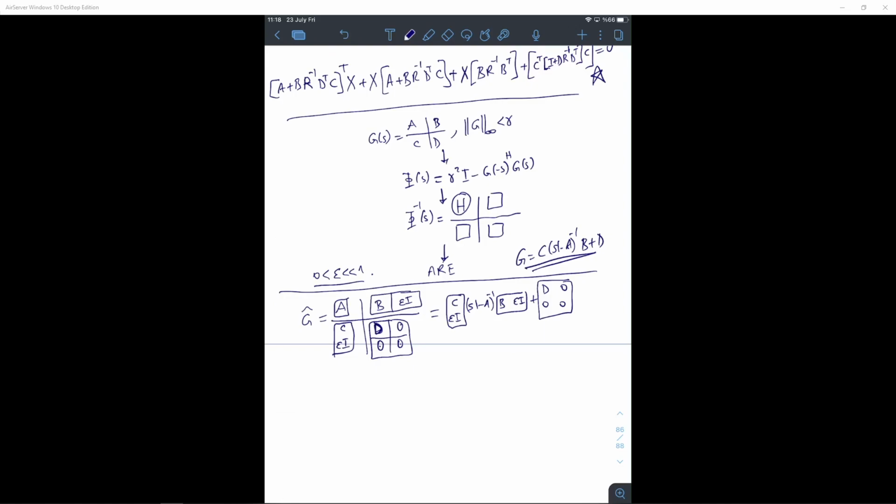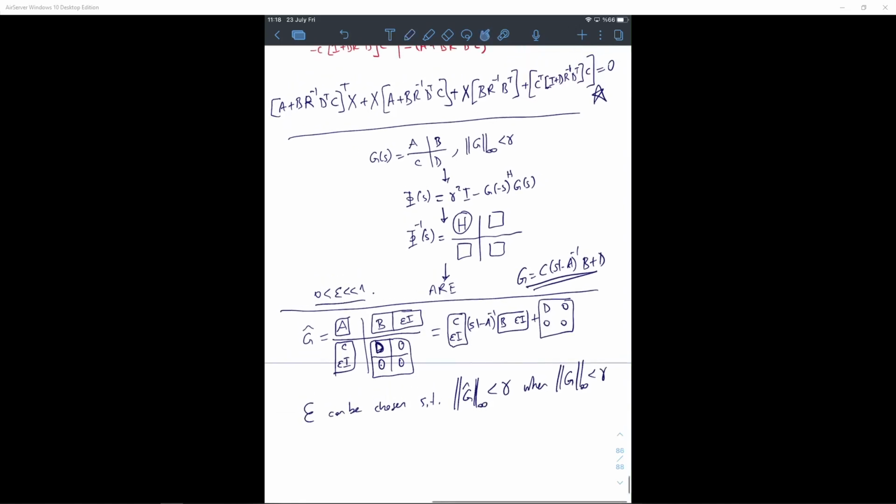So epsilon can be chosen such that the H infinity norm of G hat is less than gamma when the H infinity norm of G is less than gamma.